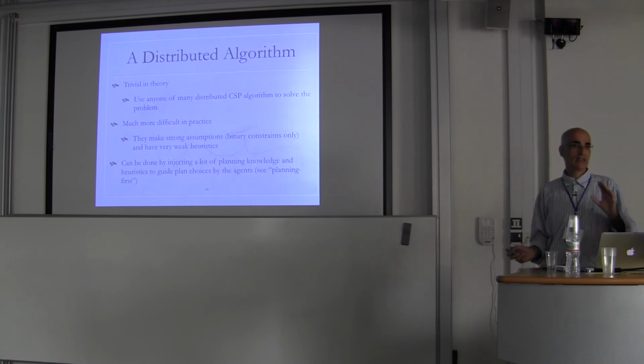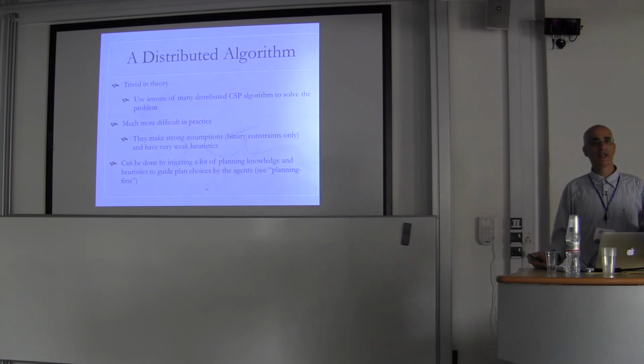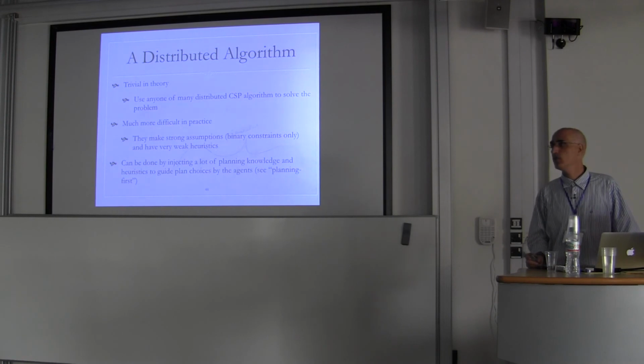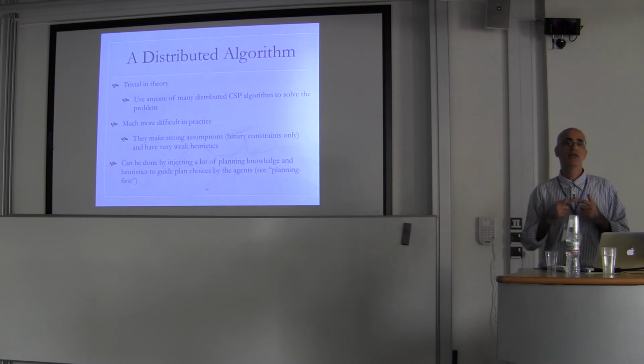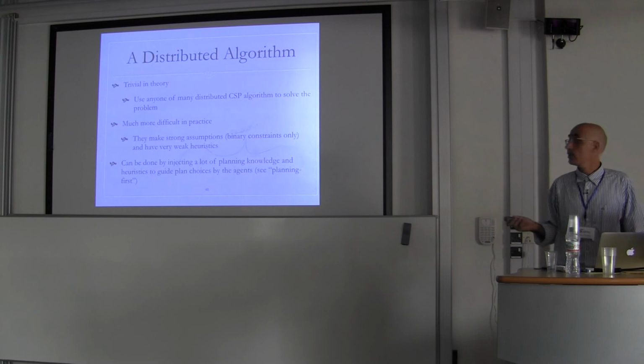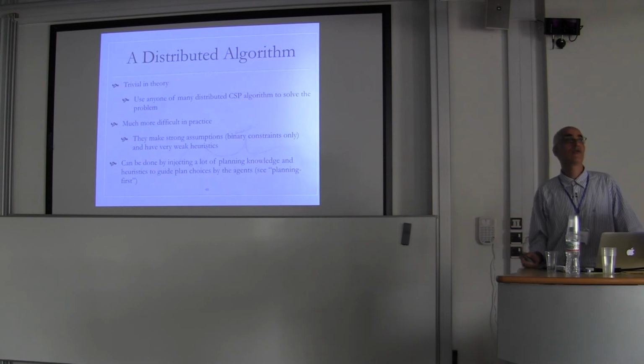In practice, doing it in this way is not going to work because distributed CSP algorithms make a lot of strong assumptions. First of all, they assume only binary constraints. That means that in our case, only groups of two agents will have shared propositions. And they also have very weak heuristics.